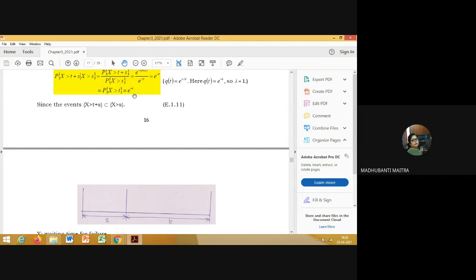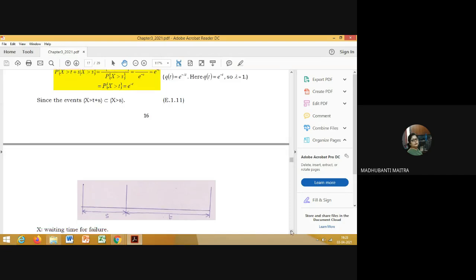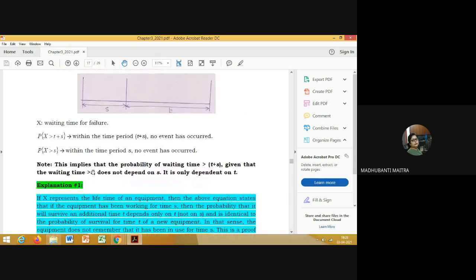So you see, this conditional probability depends upon this time interval t and doesn't depend upon s. So please note that the probability of waiting time greater than t plus s, given that the waiting time is greater than s, does not depend on s. It is only dependent on t.